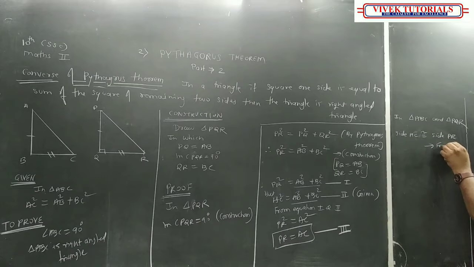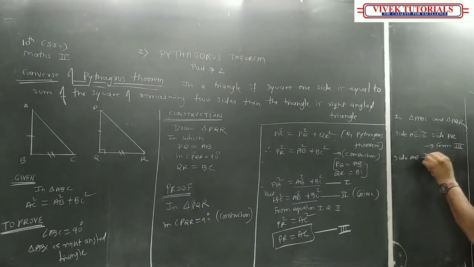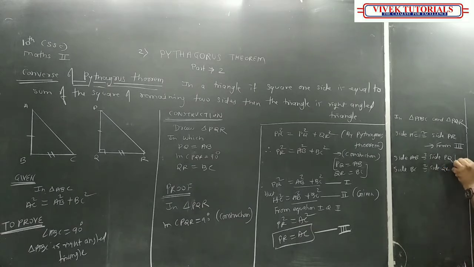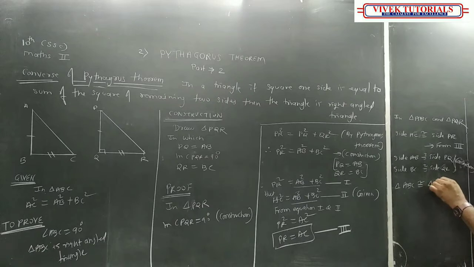We can write from equation 3, and side AB is congruent to side PQ, and side BC is congruent to side QR. This is due to construction. So these three sides are congruent. Matlab triangle ABC is congruent to triangle PQR by SSS test.